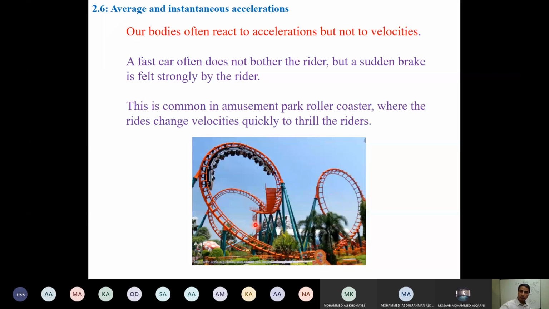But the conclusion is that if you go to any amusement park, whether these are the swings or the rotations or the merry-go-rounds or this kind of roller coaster, all of them will be curled such that you experience more acceleration rather than velocities.